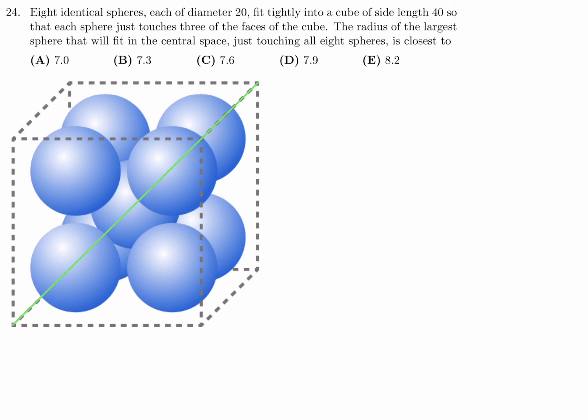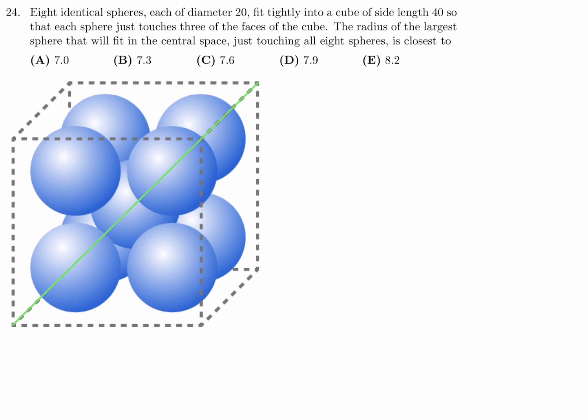I know it's a little bit difficult to visualize, but that diagonal from this corner all the way to that corner will go through this sphere, the middle sphere right there, and this sphere. So the first thing I'm going to do is figure out the length of that diagonal.